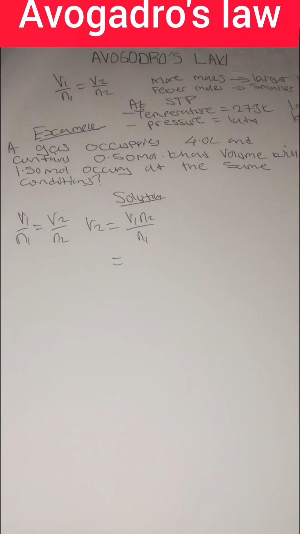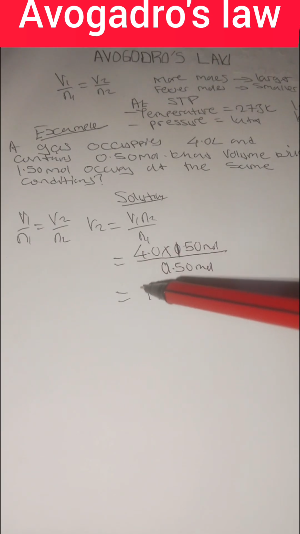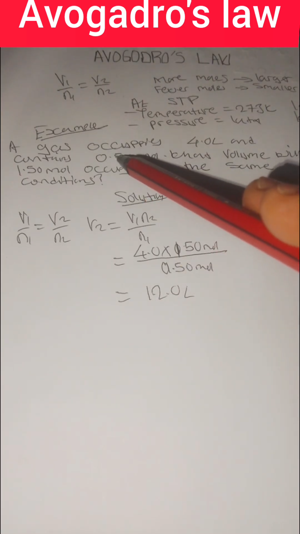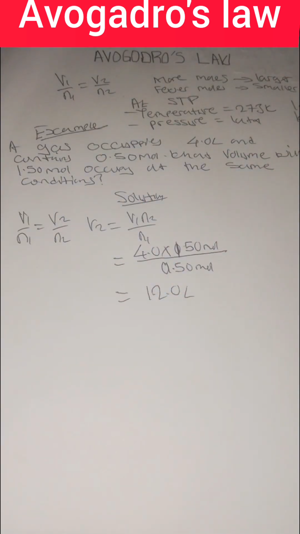So we just plug into the formula to get our volume 2. The answer is going to be 12. Now what we can see is we started with 4 liters, and it has increased to 12 liters. What is the reason for this? Because the number of moles went from 0.5 moles to 1.5 moles. That is why it has increased, because volume increases with the moles.